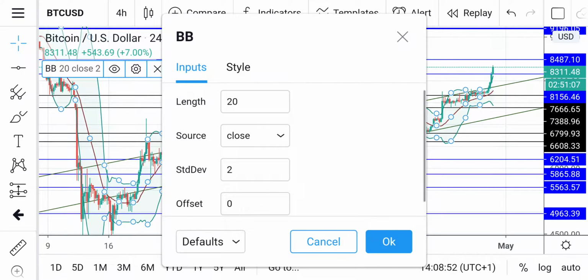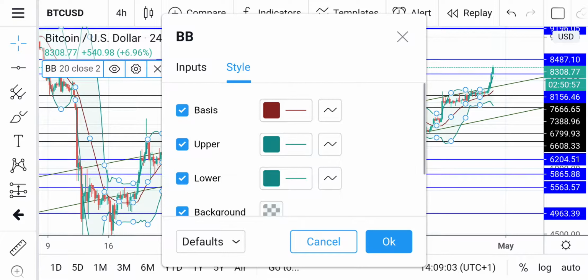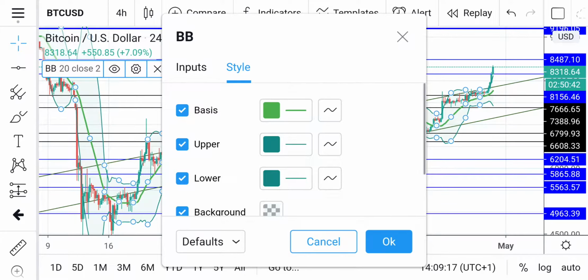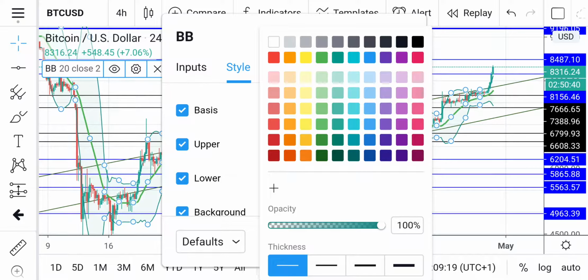Input Bollinger Band. I'm using a 20 period moving average as my middle band, and for the outer band I want to use red for the up. For the middle band I want to use a green. For the outer band you can use any color, but I want to use red.